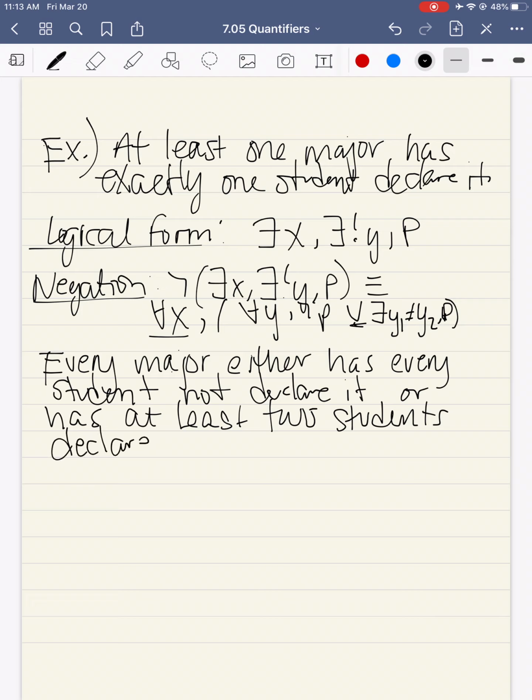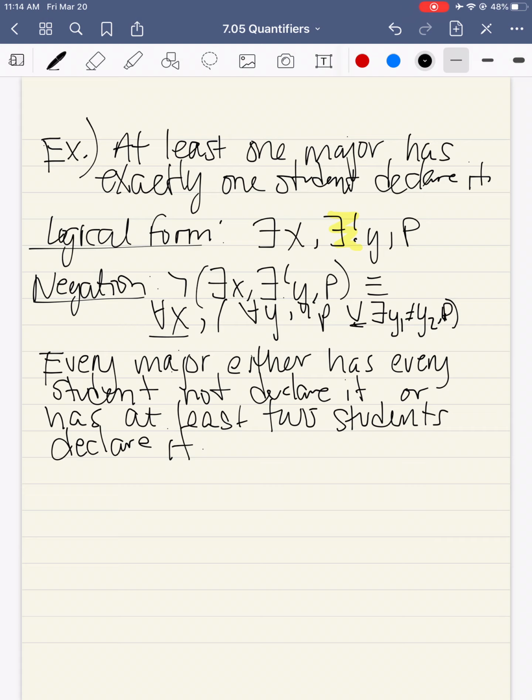This one seems a little bit counterintuitive, but we have this sort of conditional thing going on here, because we're trying to negate this there exists exactly one. It's a unique quantifier. So the opposite of that is no one declares it, or at least two. So we have this sort of spectrum of things going on here.